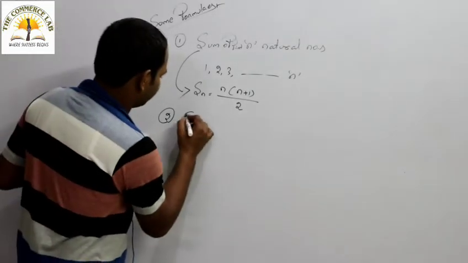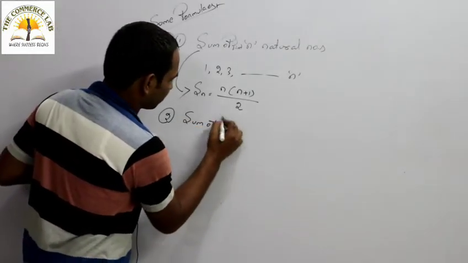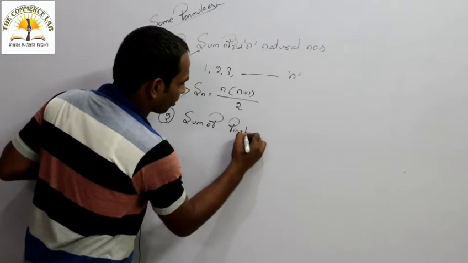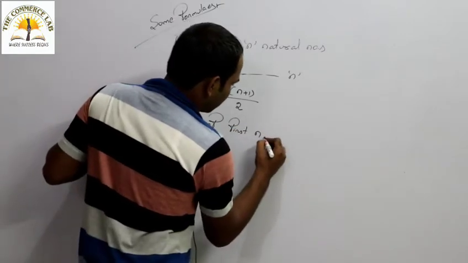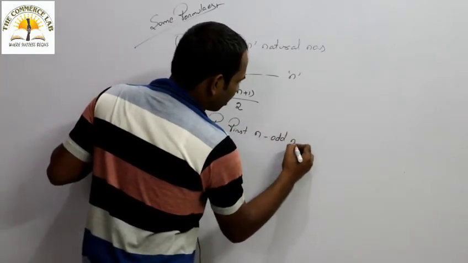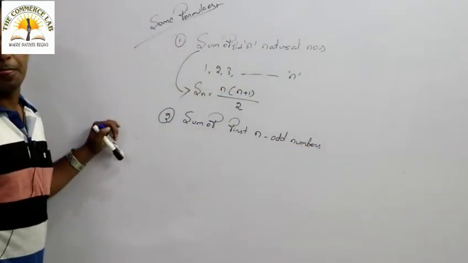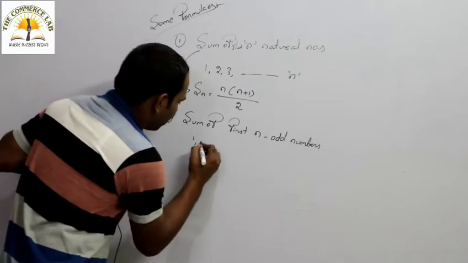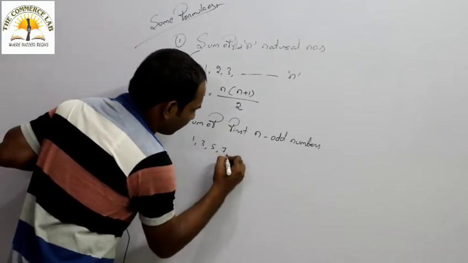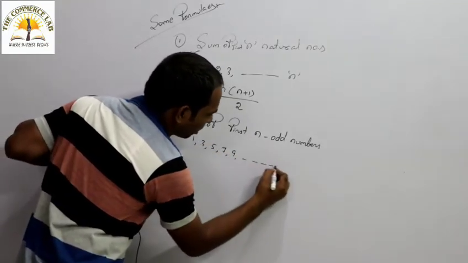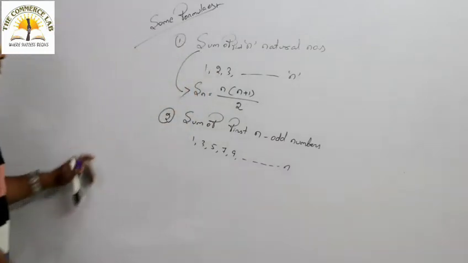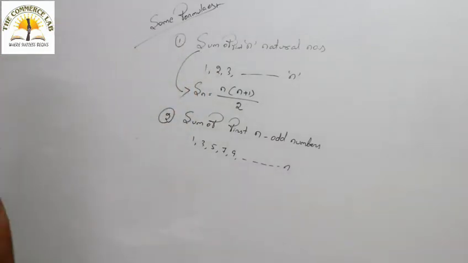Sum of first n odd numbers: 1, 3, 5, 7, 9, ..., n. Sum of first n odd numbers.